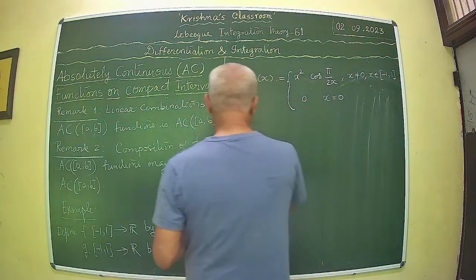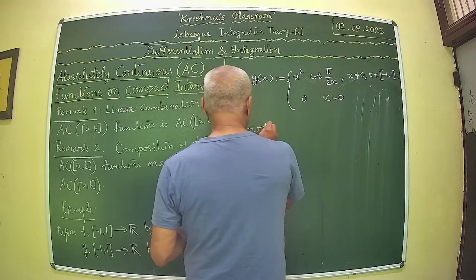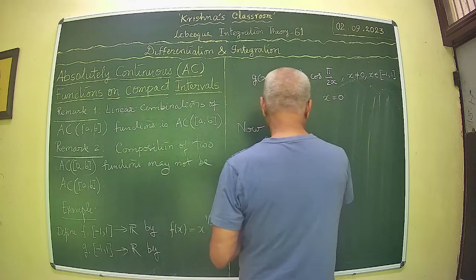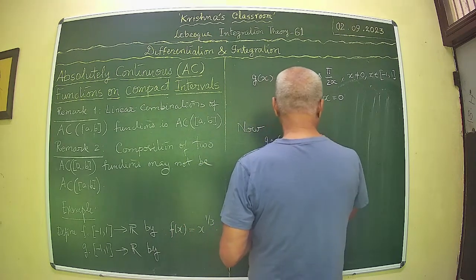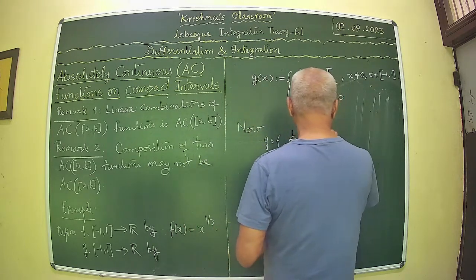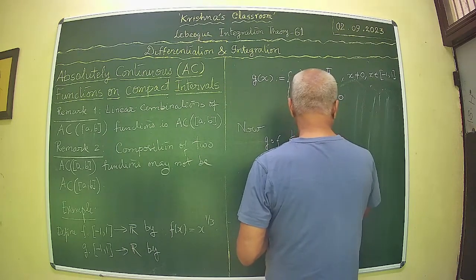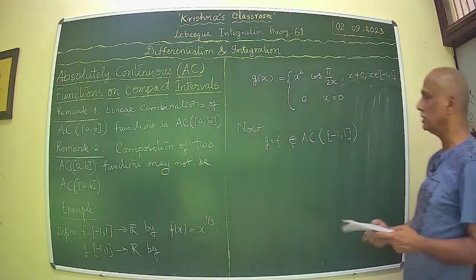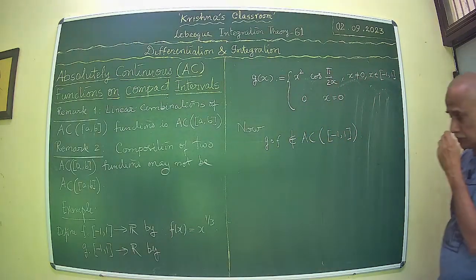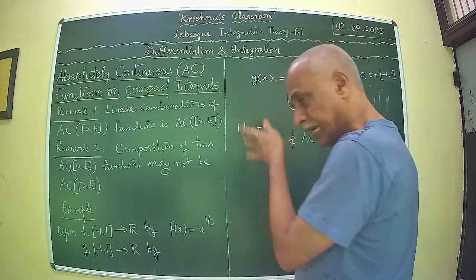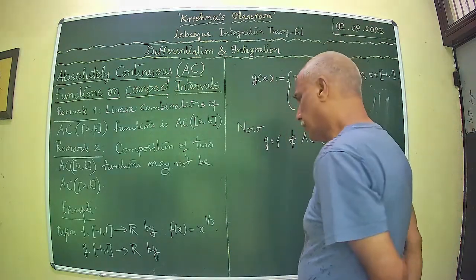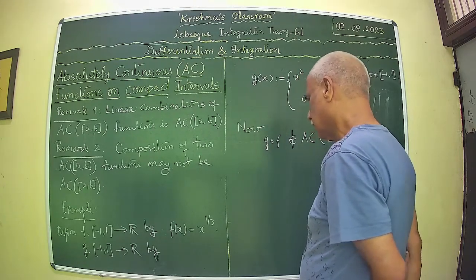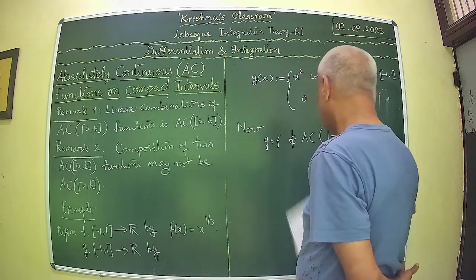Now g composition f does not belong to the class of absolutely continuous functions on the interval -1 to 1. You see that g composition f is well defined because f is a one-to-one function. Okay. Therefore, g composition f is defined.